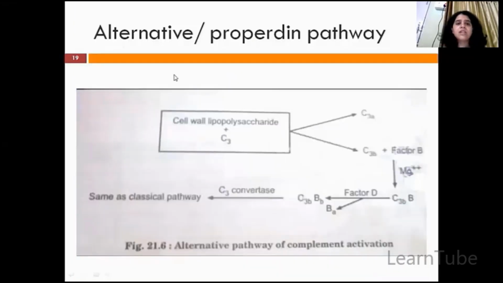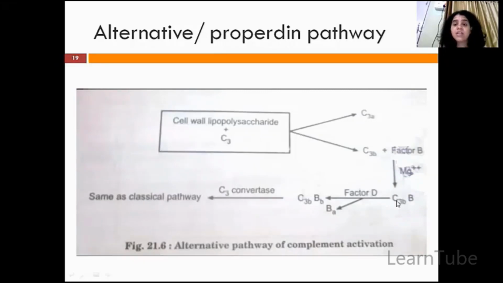Now this is the second pathway by which the complement system gets activated, the alternative or properdin pathway, where the antigen-antibody complex is not required. Here, directly the cell wall polysaccharide will combine with C3, and then this C3 will get converted into C3A and C3B. This C3B will combine with factor B, and in the presence of magnesium ions it will form C3Bb.